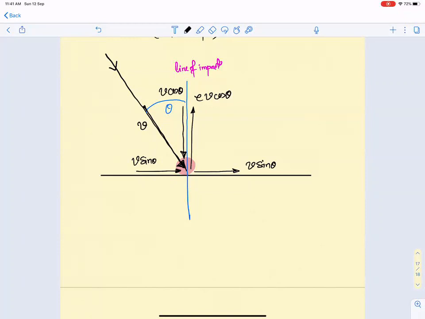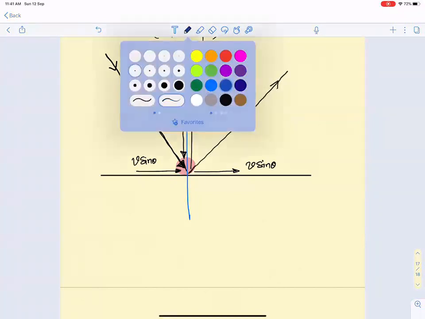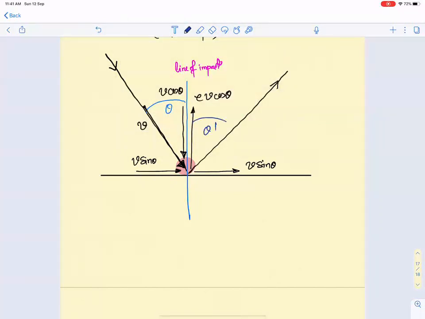So now the ball moves, making a certain angle, theta dash. So what is theta dash? From the diagram, you can form a vector triangle.